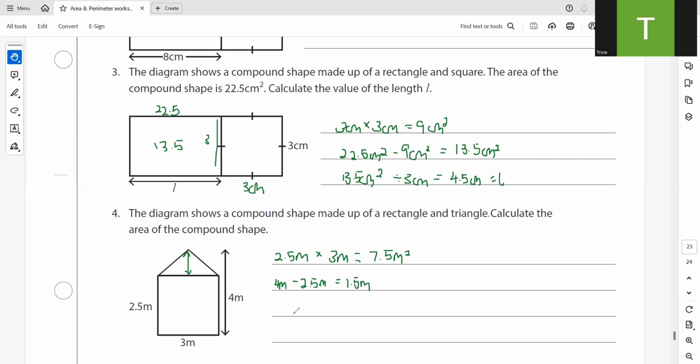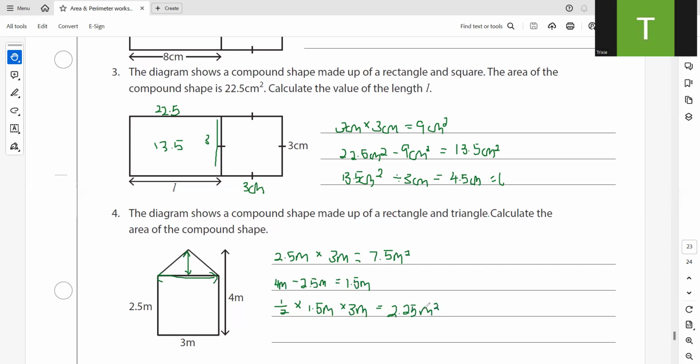The formula of the triangle is 1/2 times the height, which is 1.5 meters, times the base. The base is the same as the rectangle base, which is 3 meters. So when you take 1/2 times 1.5 meters times 3 meters, you'll get 2.25 meters squared.